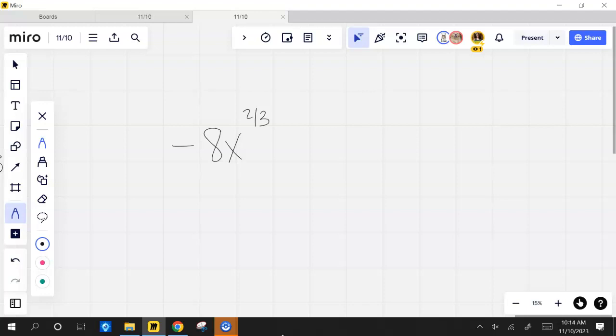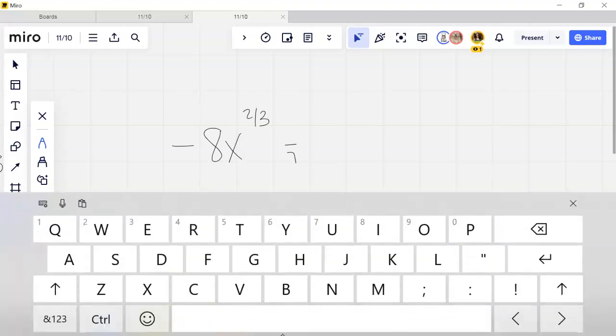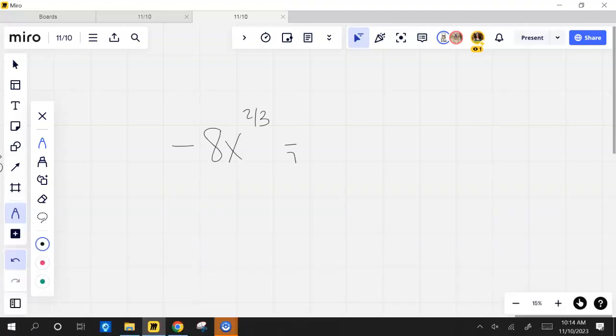Maybe let's take the x off first. Okay, we'll keep the x on it. We're keeping the x. But remember, if you got an odd root, you don't need an i.